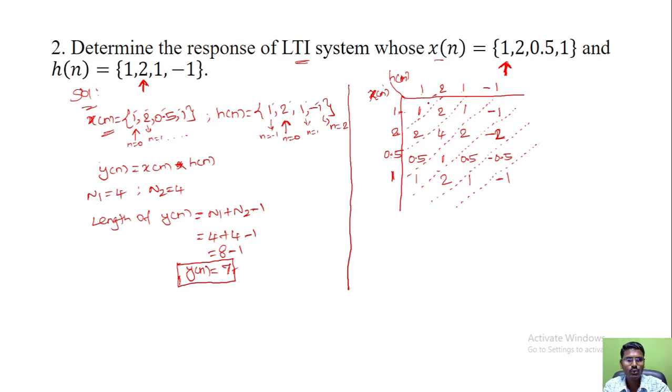So now I need to add the diagonal values to get the value of y of n.